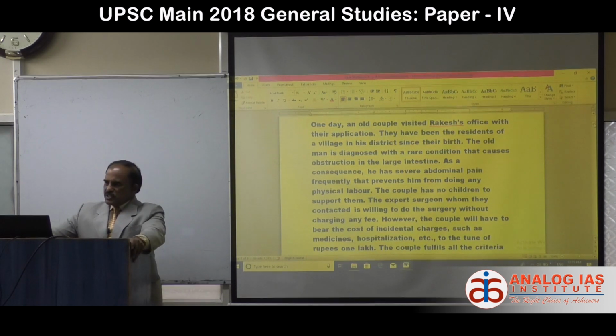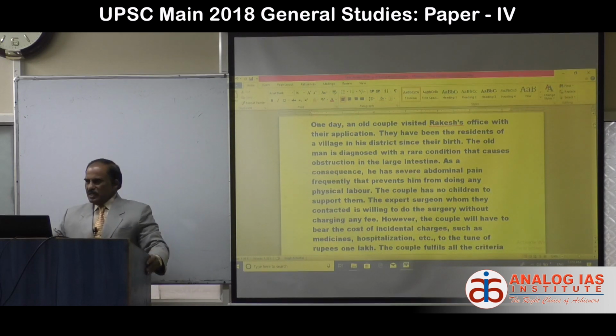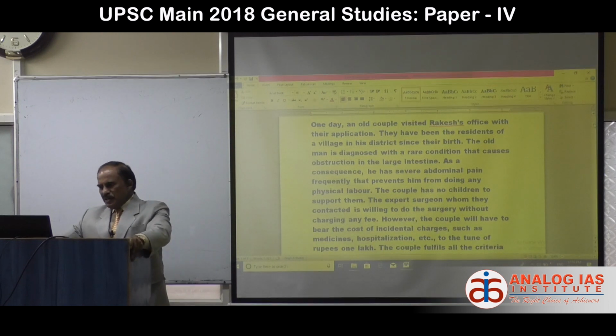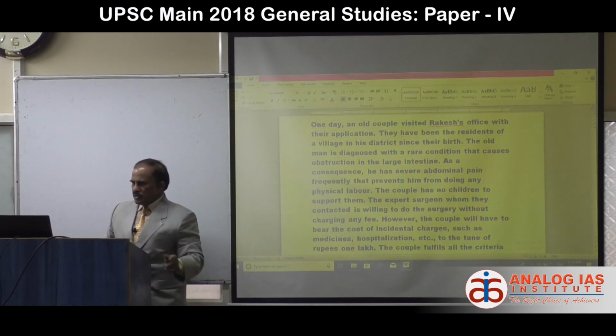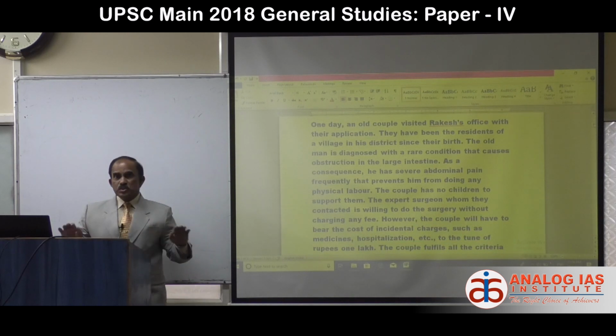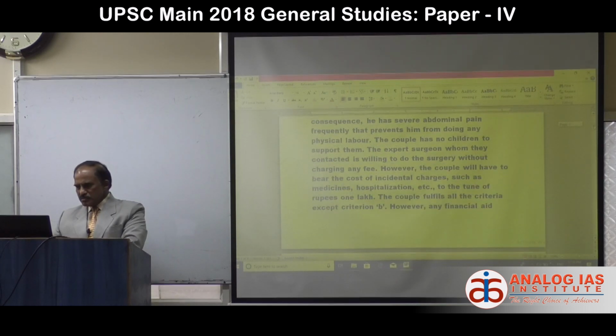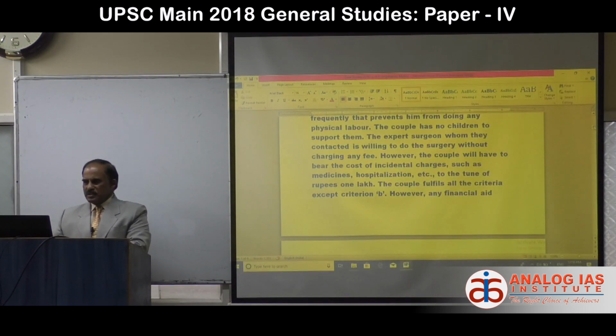They have been residents of a village in his district since their birth. The old man is diagnosed with a rare condition that causes obstruction in the large intestine. As a consequence, he has severe abdominal pain, and he satisfies all the qualifications except B, that means he does not belong to the particular community.